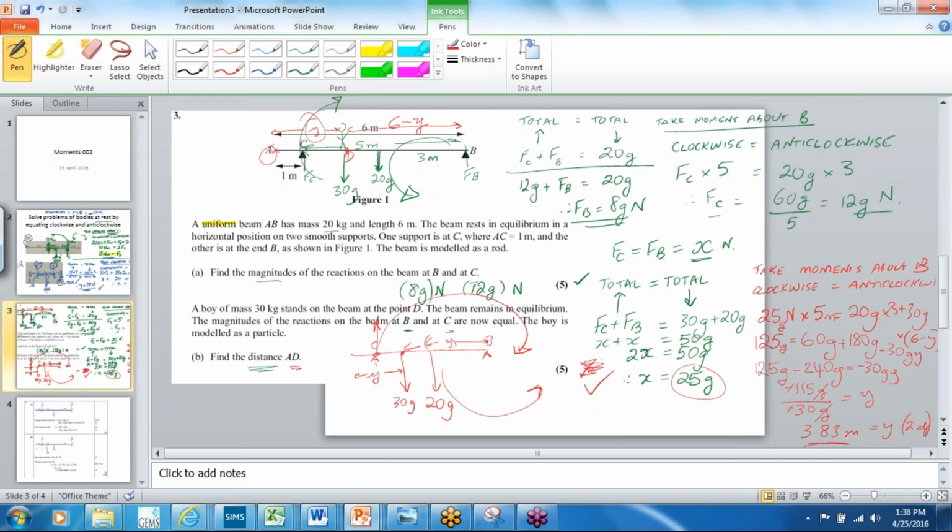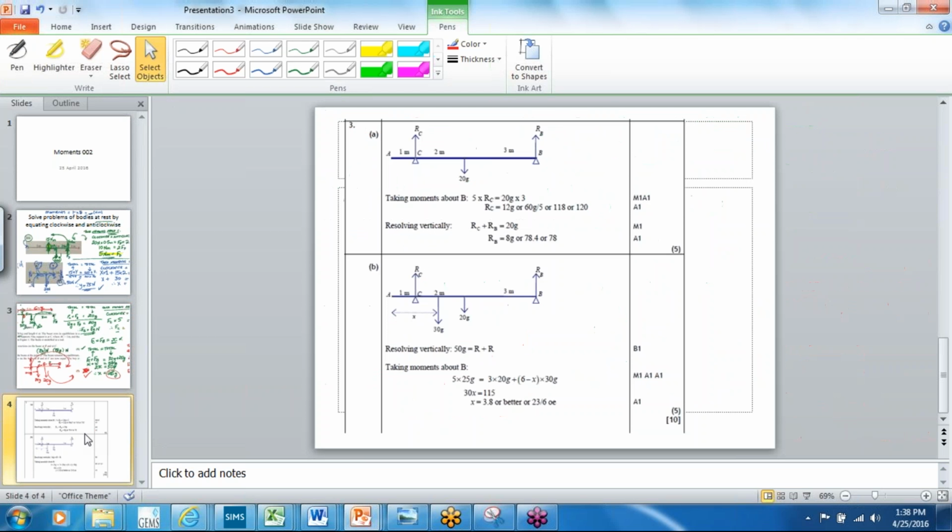All right, let's compare what we've done with our solutions. Our answers for part A were 12G or 8G. They've given an alternative in decimals, but that's fine. And we were right there.